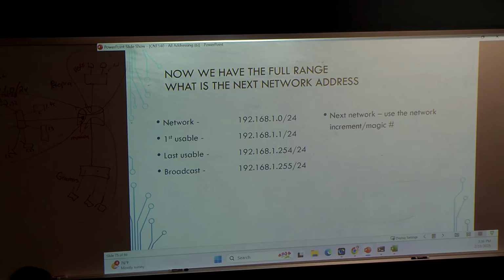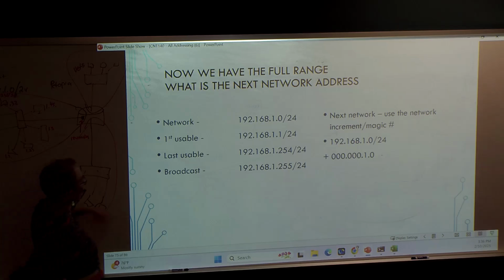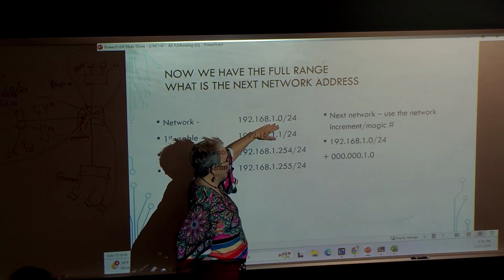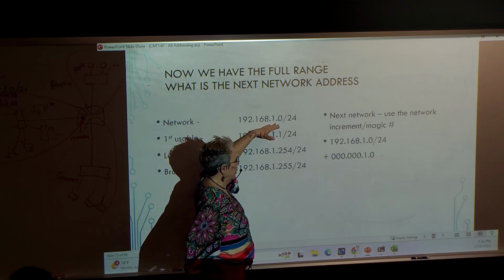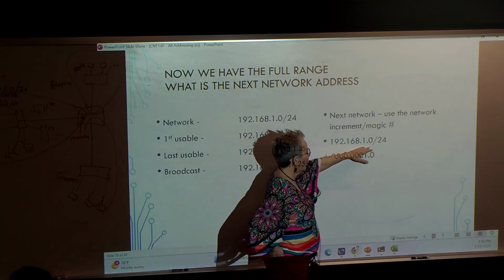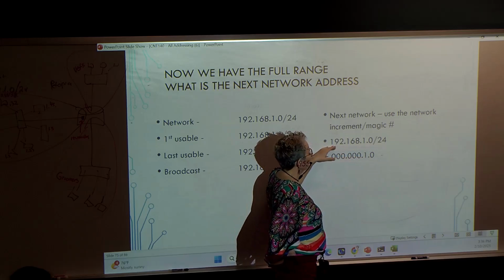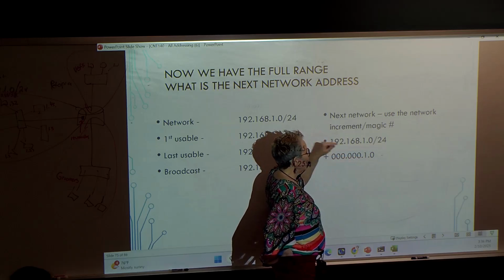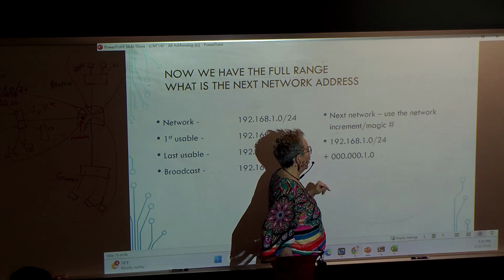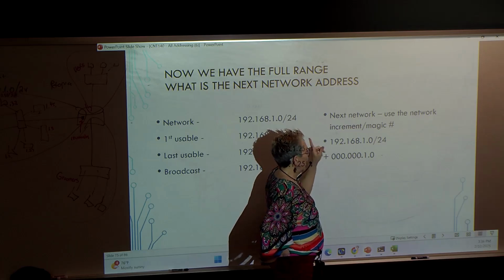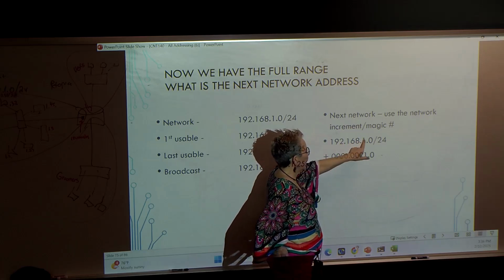Now what we need to do is find the next networks, and we're going to use the magic number to do that. This is how we do it. We're going to take the network address that we started with and add the magic number to it in the 3rd octet, because we know that we're working in the 3rd octet.